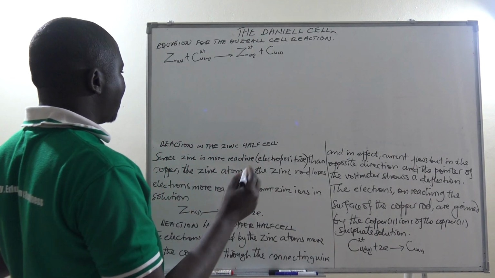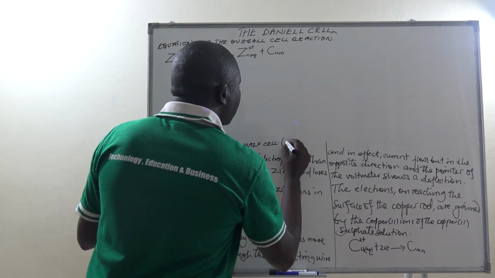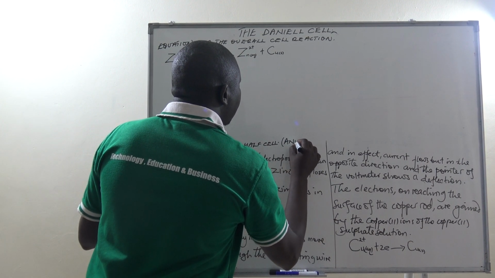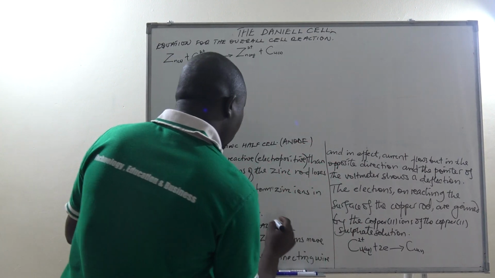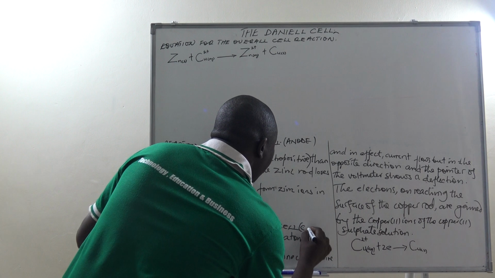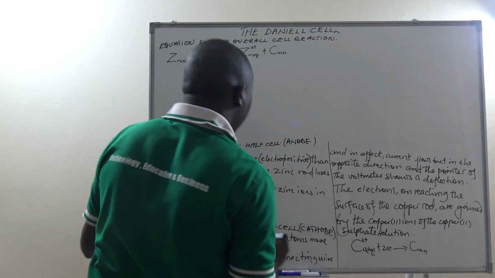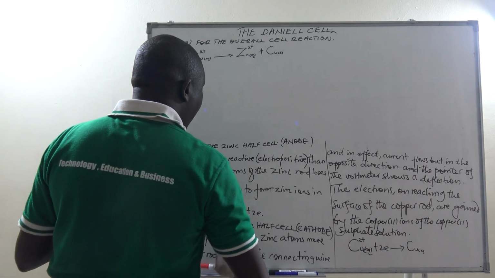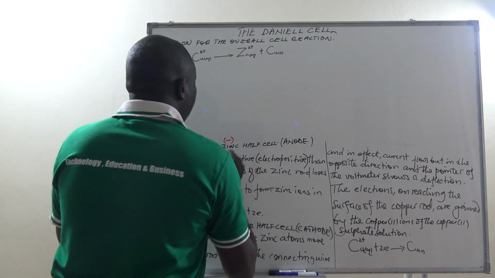And I want us to remember, we said that the zinc rod, in this case, is what we call the anode, and then the copper rod is what we call the cathode. But still, the zinc rod is our negative electrode.